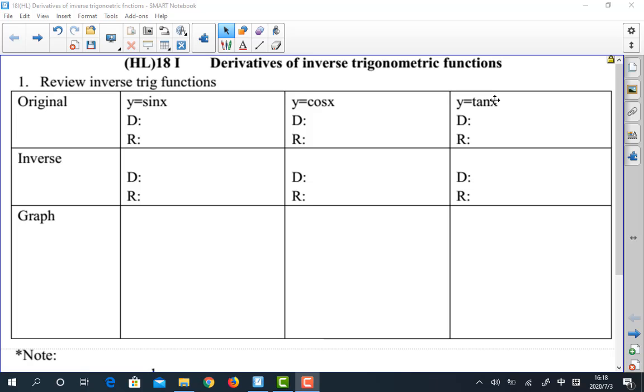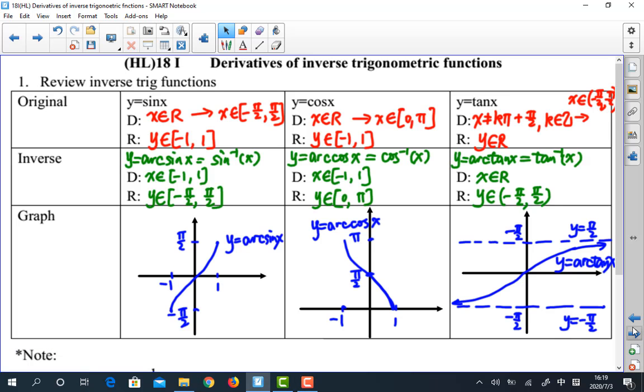But of course, for the inverse trig functions, we only focus on the inverse of these 3 primary trig ratios. So for this reason, in this table, we only include 3 primary trig functions. I hope that you got enough time to go over those 3 primary trig functions and their inverse functions.